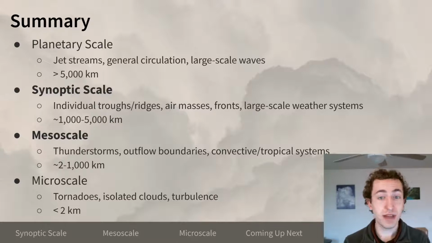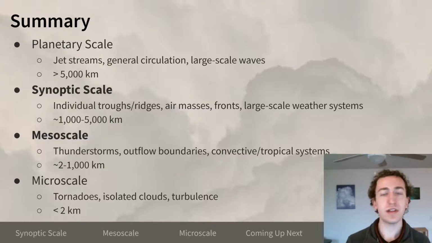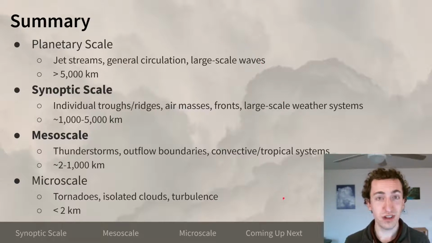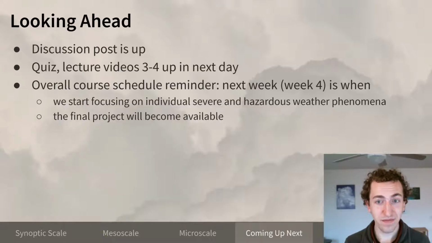Then we go to mesoscale, where we have things like thunderstorms, outflow boundaries, and convective or tropical systems. And finally to microscale, where we have things like tornadoes, small isolated clouds, and turbulence. And so this is the general picture of the scales of weather.